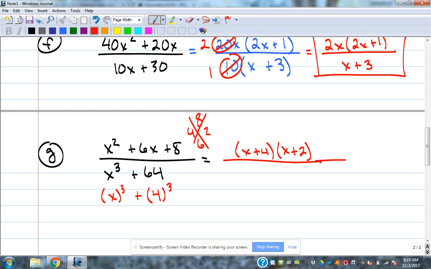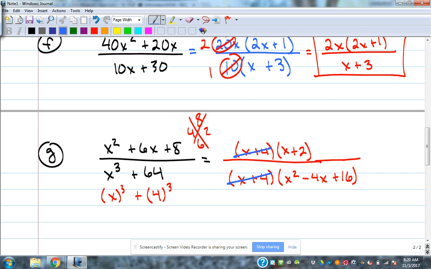So when we factor that, remember that with a sum or a difference of cubes, there's a short piece and then a long piece. What's the short piece for this one? x plus 4. What's the long piece? Good job. Perfect. What cancels? Yeah, those x plus 4s cancel.